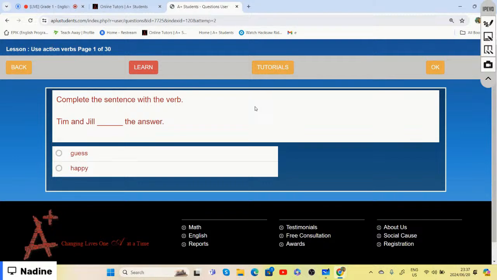All right, so let's complete the sentence with the verb. It says Tim and Jill. They guess the answer, which is option one, or they happy the answer, option two. We need to choose the correct option that tells us what Tim and Jill do.